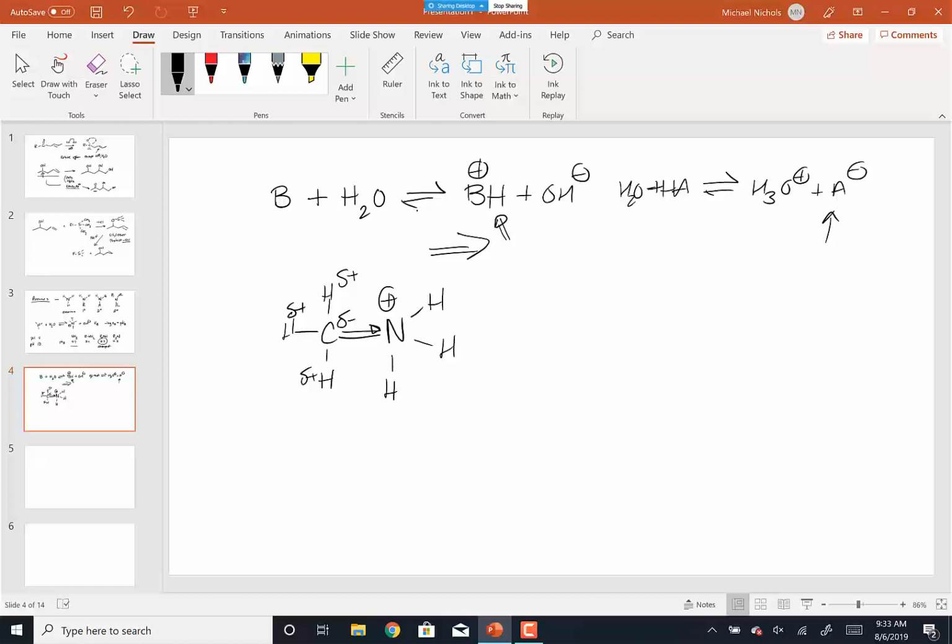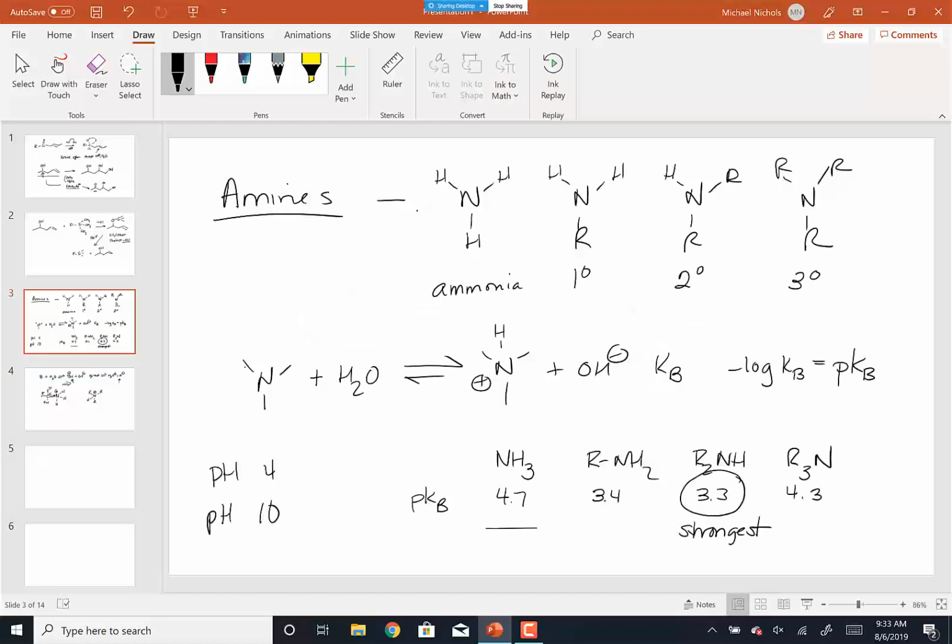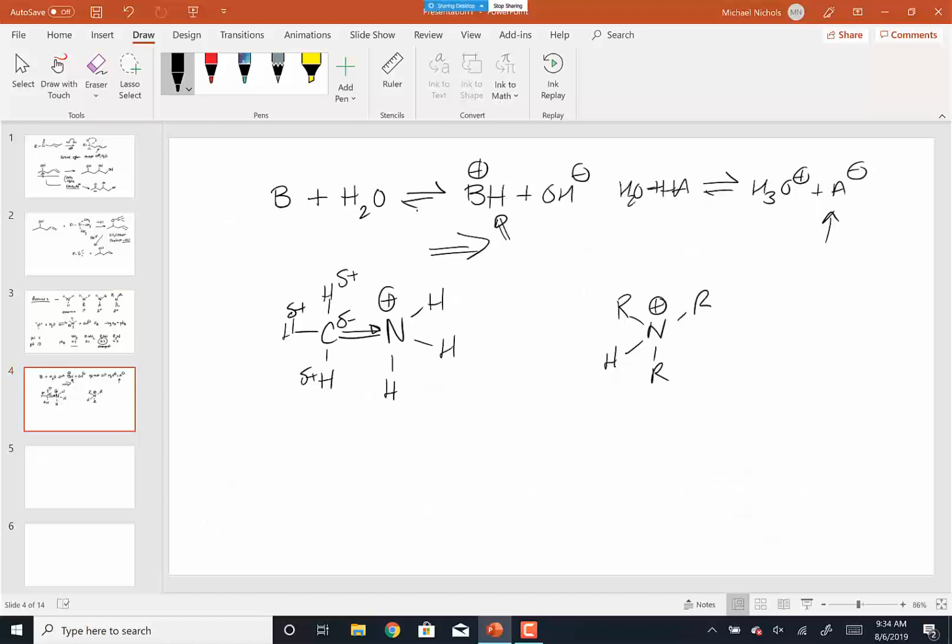Because if just adding an alkyl group to a nitrogen is going to make that nitrogen more basic, 3 alkyl groups should be better than 2, better than 1. And that numerically is not the case. So there must be something else that goes into this. So what is that?